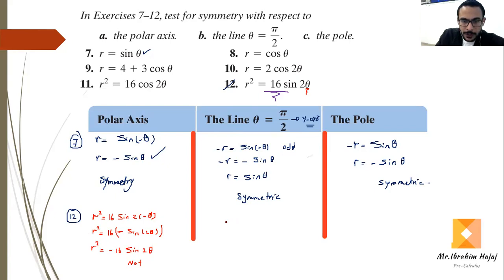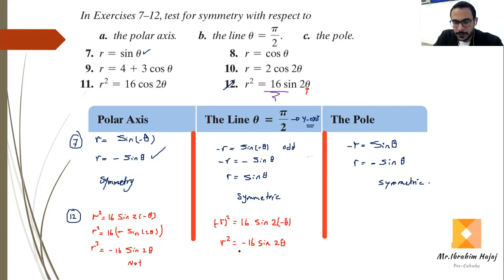With the line theta equals pi over 2, we replace r by negative r and also replace theta by negative theta. So we have 16 sine 2 times negative theta. Negative r to the power of 2 gives r squared, and on the right, negative 16 sine 2 theta, because sine is an odd function, so sine of a negative angle is negative sine of the angle.